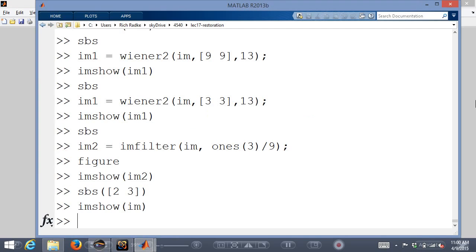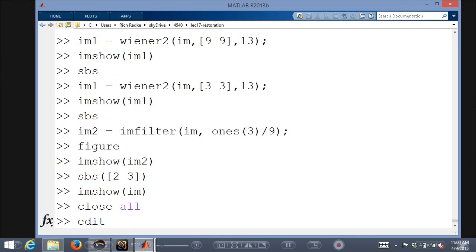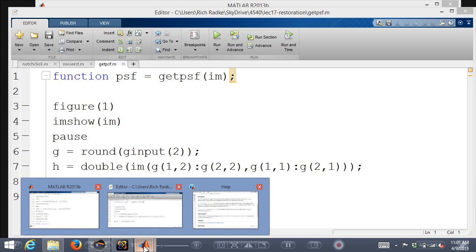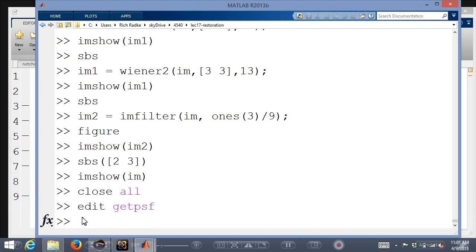And so my function here that I wrote is very simple. I call it get point spread function. All it does is it asks you for an image, it lets you zoom in on it, and then you crop out a piece, and that corresponds to the point spread function. So super simple. So in my case, let me just apply that here.